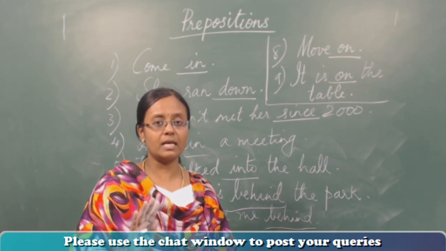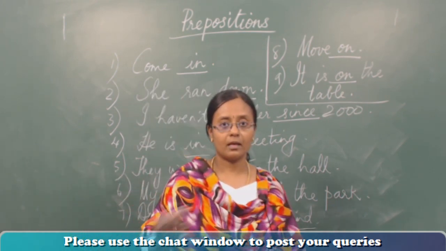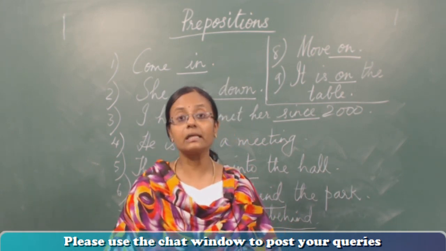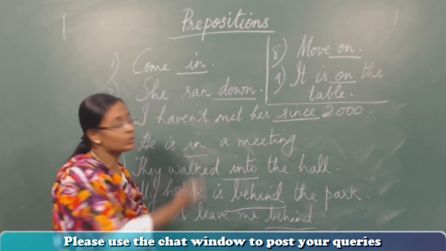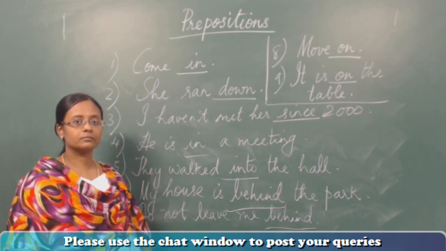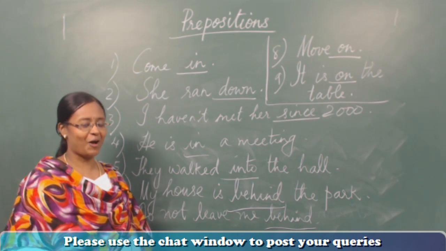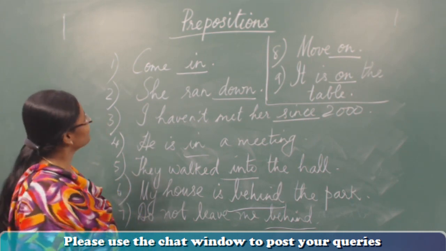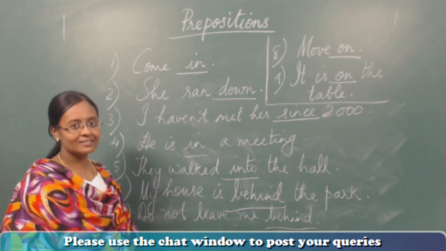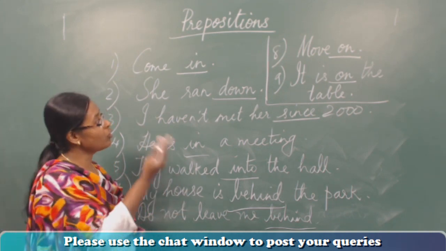So if you understand the definition of an adverb and the definition of a preposition clearly, then you will be able to answer this with ease. Now I want answers. See, this is a simple sentence. Come in. Move on.